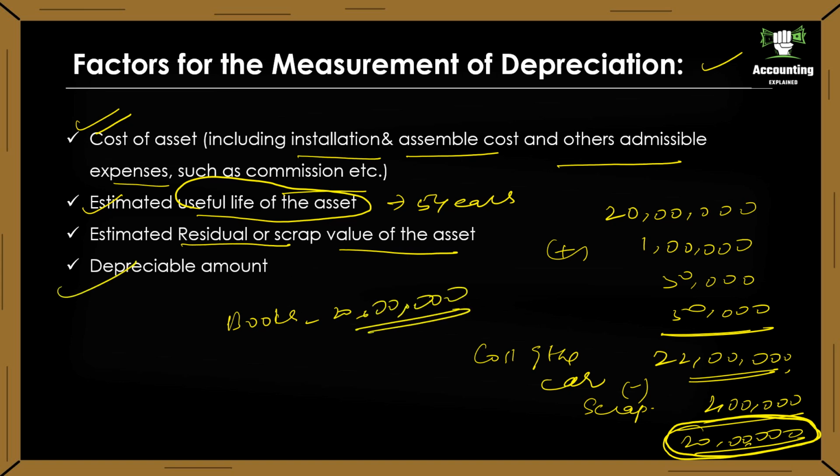Depreciable amount should also be considered. Here, what did we do? 20 lakhs divided by 5 will be 4 lakhs, the depreciable amount in this case. These are all the factors for the measurement of depreciation.